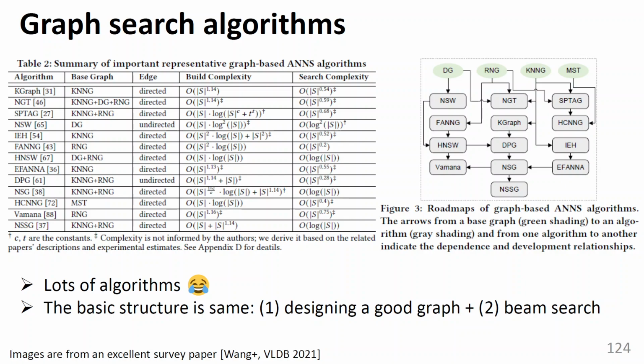It's a lot of algorithms, but the basic structure is the same. We want to design a good graph, and then apply the beam search in your graph. Your graph should be moderately dense, so it can stay accurate enough, but also have a good speed.